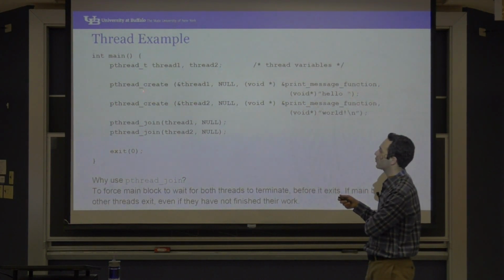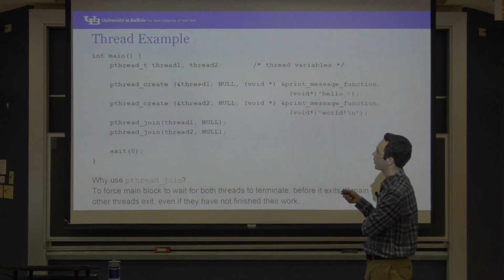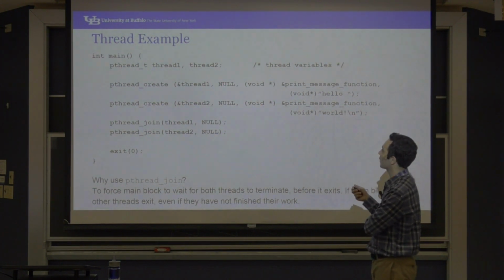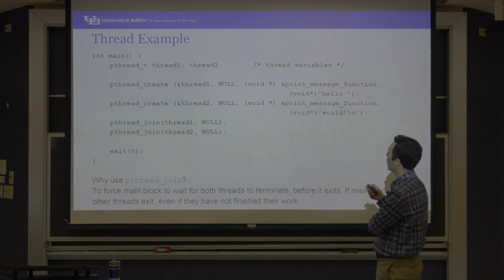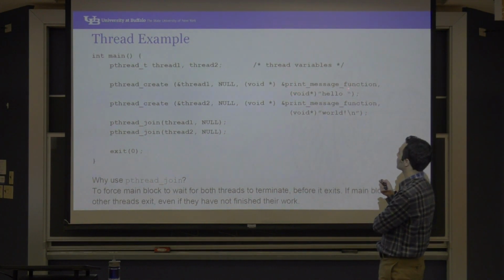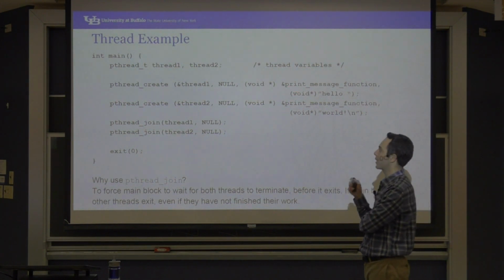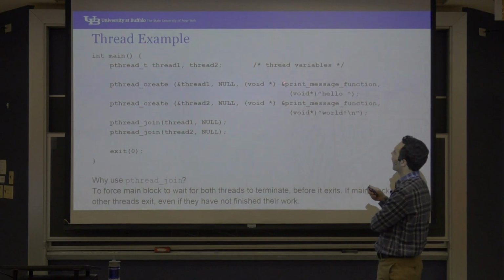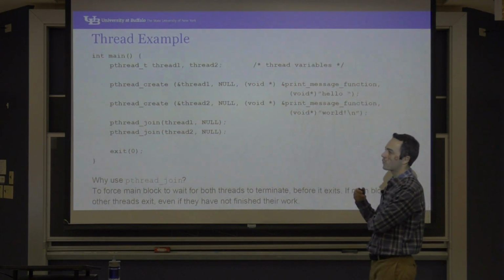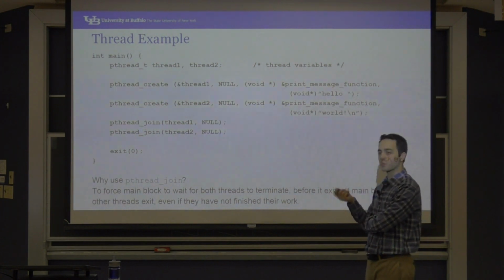And so when you call pthread_create, you give the reference to thread 1, and there's no attribute that we want to give to it for now, so this is just NULL. And then we call a print message function. Imagine that is a function, and this way we cast it into a void star. Again, it should be a function pointer.